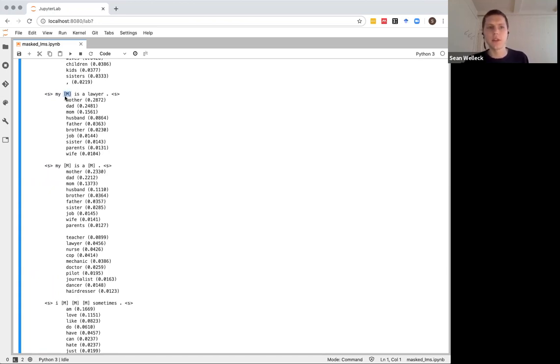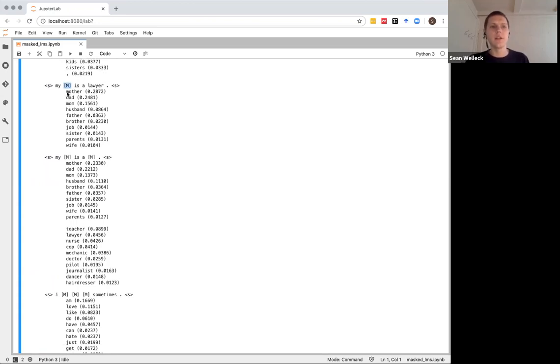So here we're masking out a token early in the sentence. And again, at least the top ranked things are fairly reasonable, such as "my mother is a lawyer." And so you could see that in order to determine this, it had to use context from both sides. So that's this bidirectional idea.